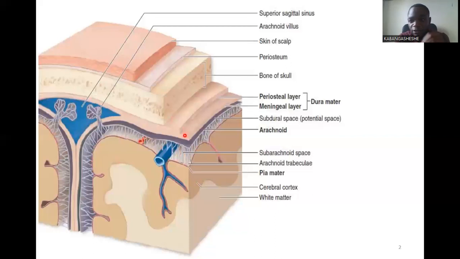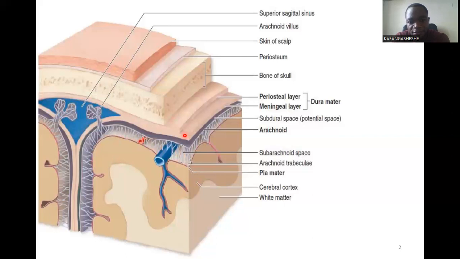In addition to that, we have other structures protecting the brain and the spinal cord. Mainly, it's the skeletal system. To be specific, we have the cranium protecting the brain. Then we have the vertebral column protecting the spinal cord. So you see that this system is well protected by bones.